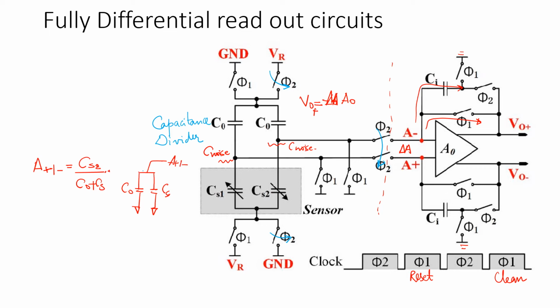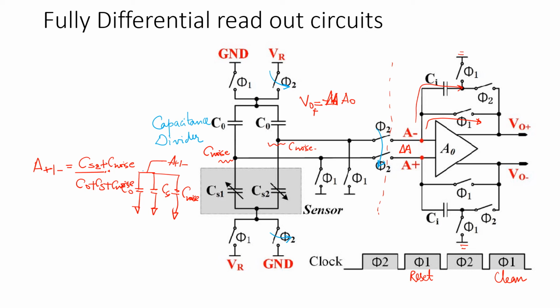Now, if you have C noise present here, the C noise also will come in parallel. Now, this C noise definitely gets carried forward to both of them, on both sides. Now you have these two values.